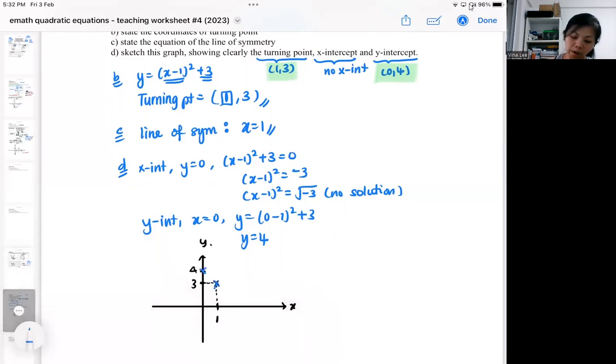Turning point, y-intercept, and you are expecting a smile graph. That's how you draw the sketch. Not to worry if you don't have the x-intercept. It's possible because, as you can see, the graph is entirely above the x-axis, so there won't be any x-intercept.